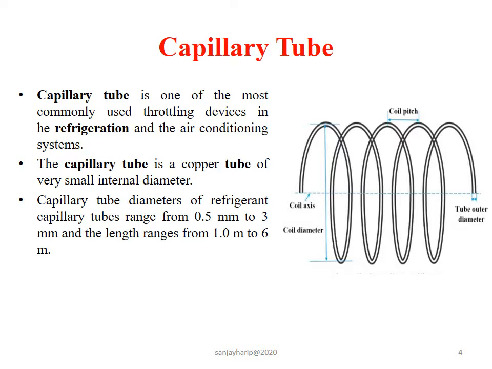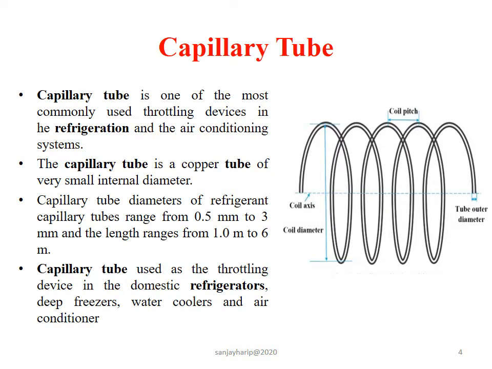Capillary tube diameters range from 0.5 mm to 3 mm and the length ranges from 1 meter to 6 meter. Capillary tubes are used as throttling devices in domestic refrigerators, deep freezers, water coolers, and window and split air conditioners.